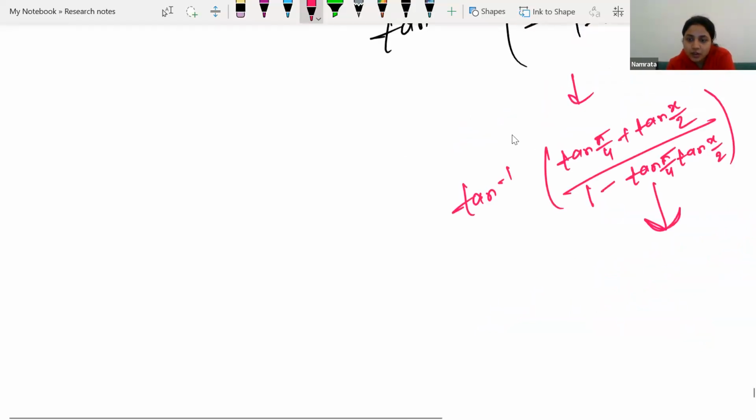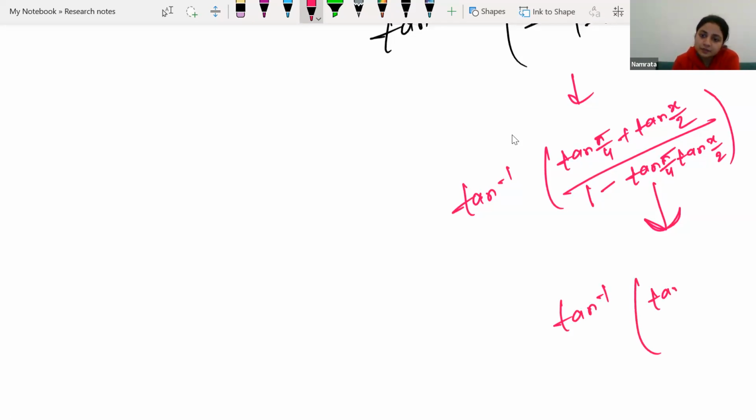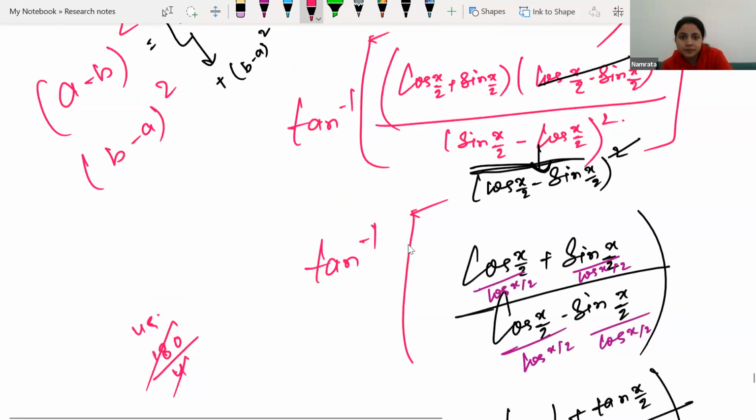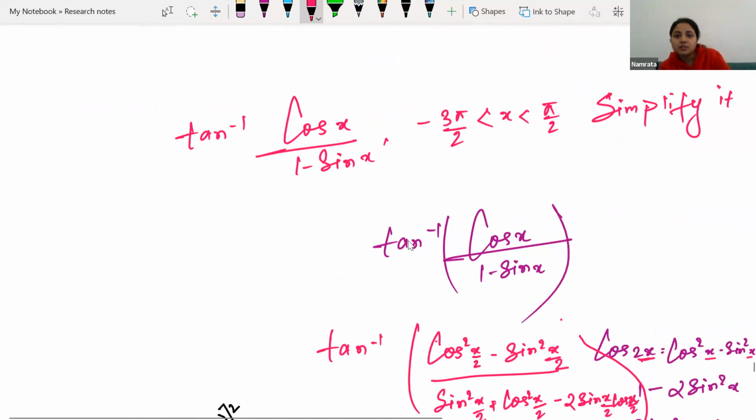We can write it as tan inverse of tan pi by 4 plus x by 2. Now as you know, tan inverse tan, the result will be only pi by 4 plus x by 2. And we are done. We are done with the solution.